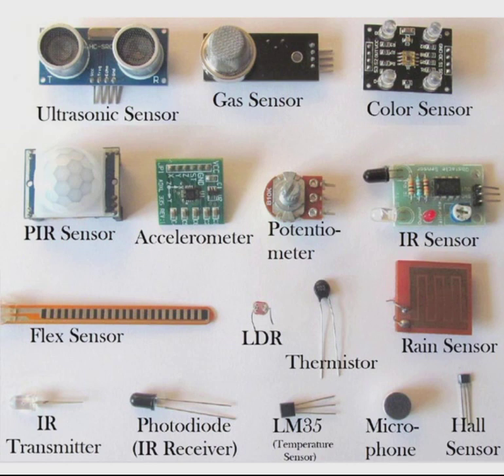Then there is the IR transmitter, which is basically a part of this sensor right here. You have a photodiode, as the name suggests. Light falls on it and it conducts electrons through it and generates an output voltage. Then you have this small temperature sensor.